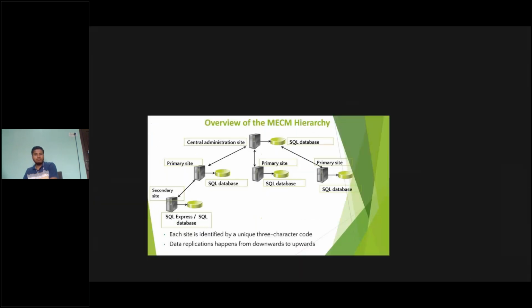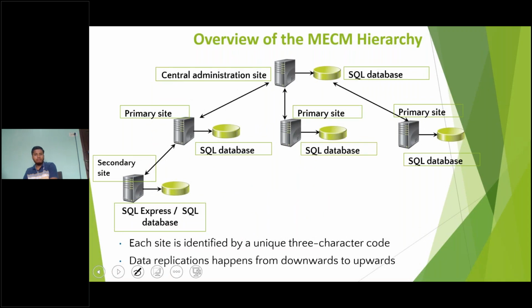Yes. Now we have databases. The central administration site will have a database to store the data. The primary site will have a database to store the data, and the secondary will also have a database to store the data. Whatever data the secondary collects, it's going to pass on to primary. Whatever data the primary collects, it's going to pass on to central.